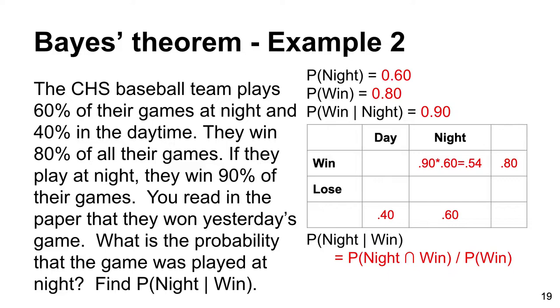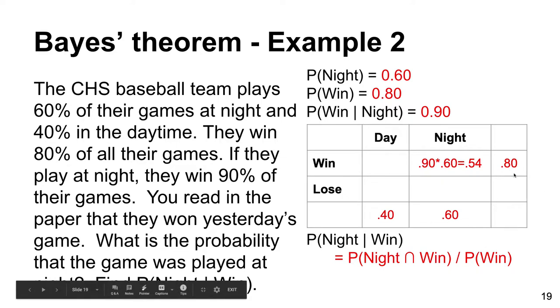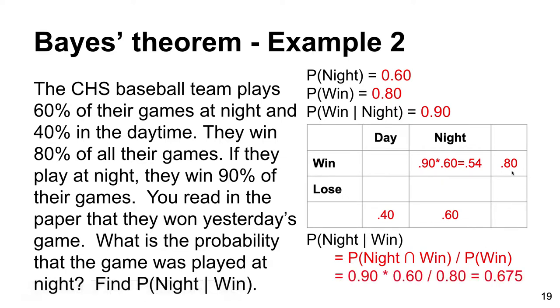From Bayes' formula, we know that is the probability that the game was at night and they won, that's this number, 0.54, divided by the probability that they won. That is 0.8. Okay, so I get 0.54 divided by 0.8 is 0.675 or 67.5%.